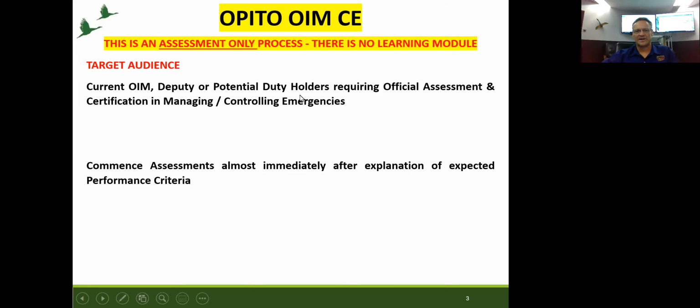Anybody attending the OMCE should already have a good understanding and knowledge of all of that. They come here either as already being an OIM, somebody who is a potential OIM, somebody who's maybe a deputy, so somebody senior who, if not in an OIM position already, is maybe filling that position in an emergency or a standby role, but importantly somebody who has already been identified by the company as being ready to undergo the assessment process.